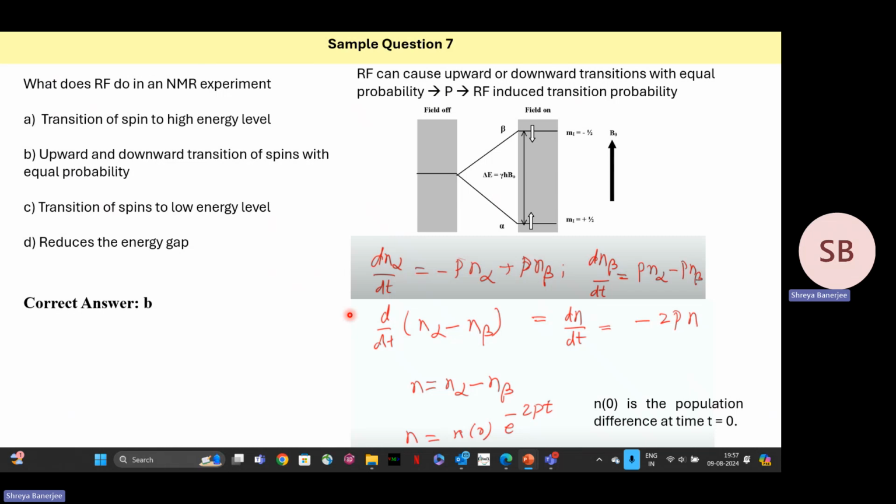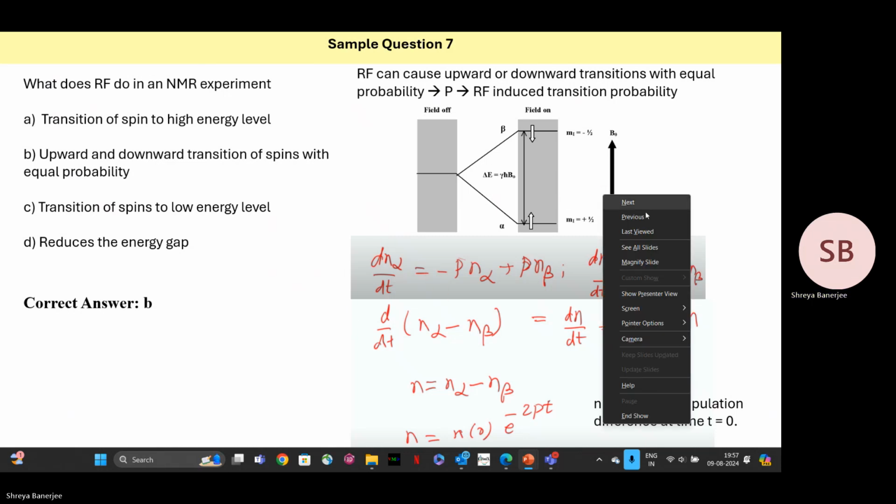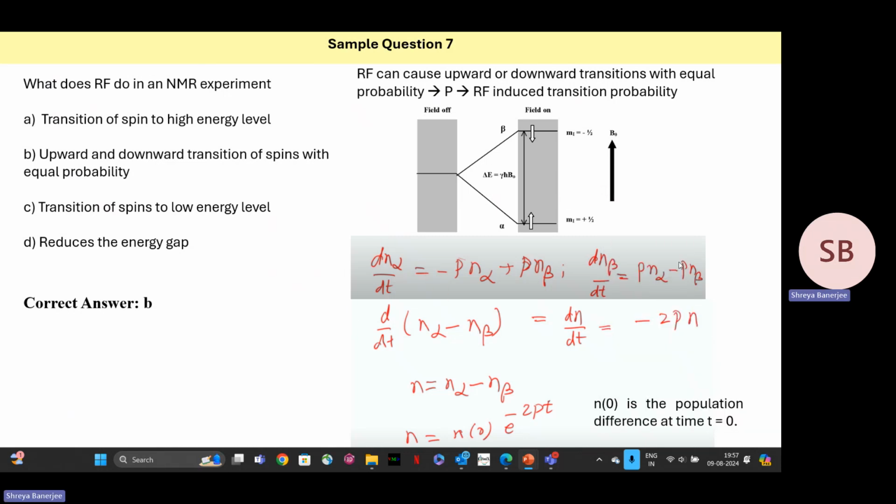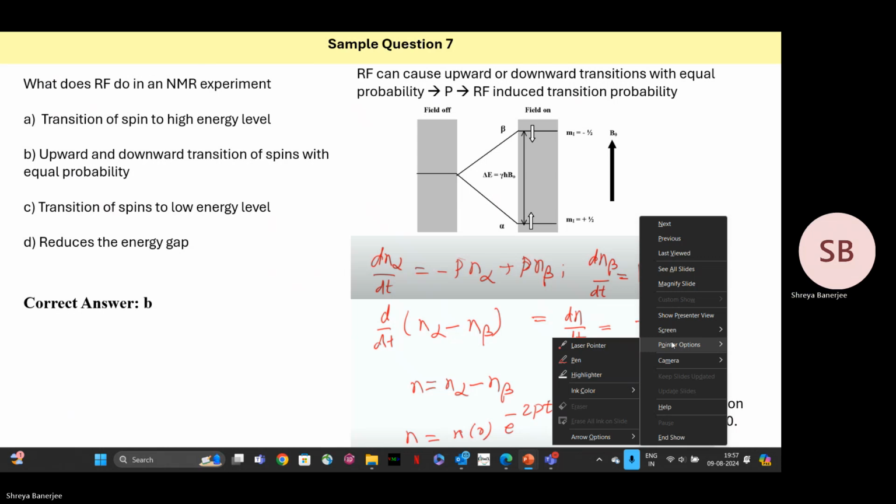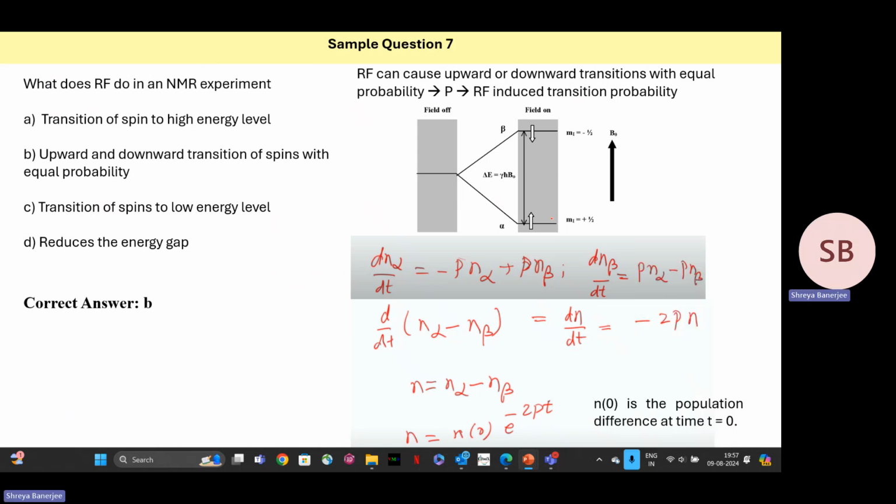And we had derived some kinetics, and we had seen that when a radio frequency is there, the probability of alpha going to beta is the same as beta coming to alpha, and the probability of both is P. So that is what the question is asking.